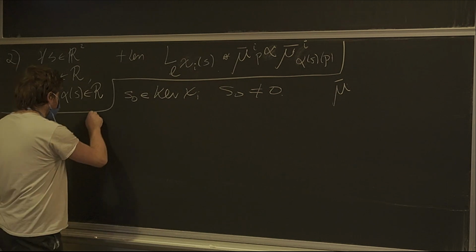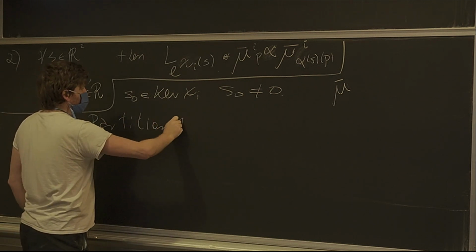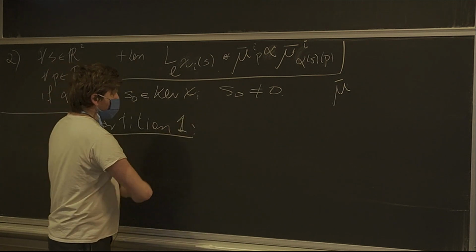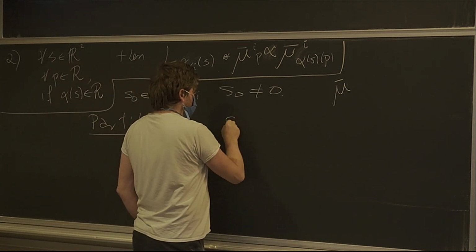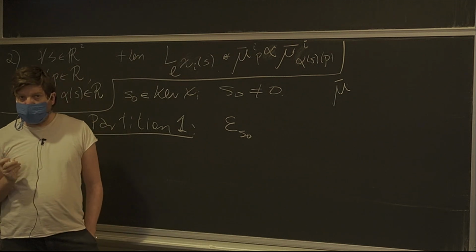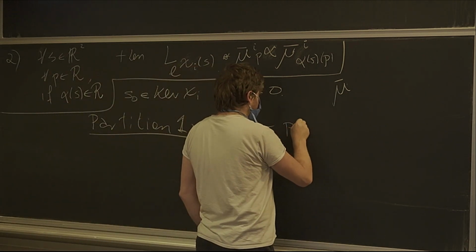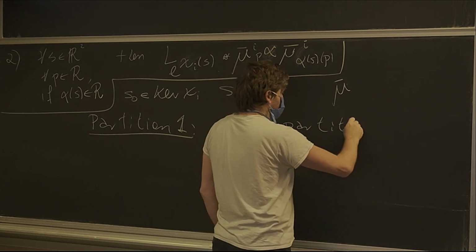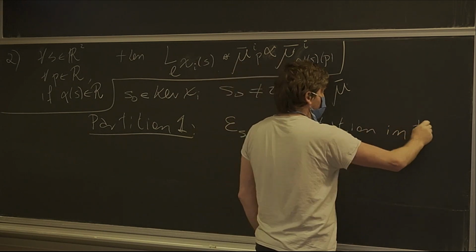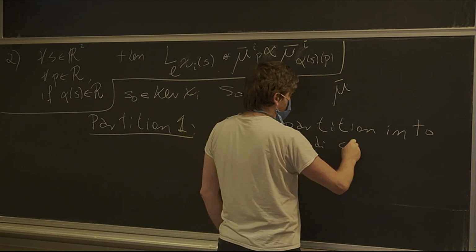So partition one, I call it epsilon S naught. Epsilon is for the E, and E comes from ergodic. So it is the partition into ergodic components.